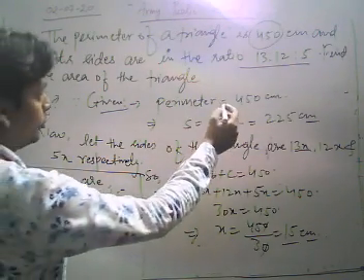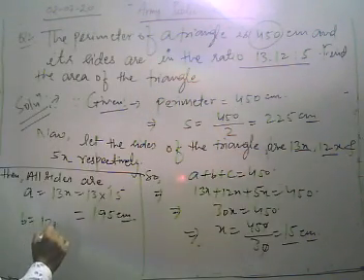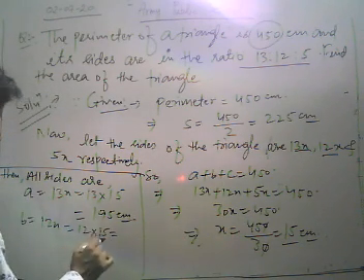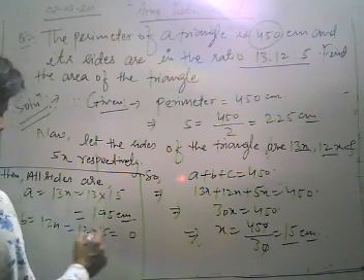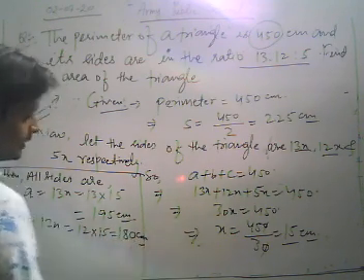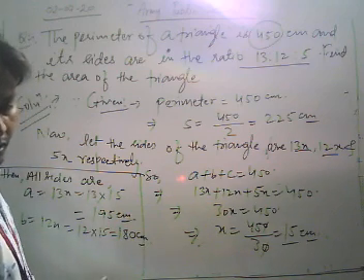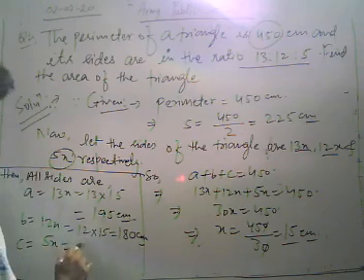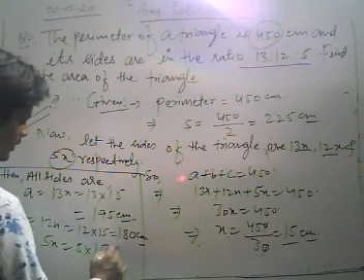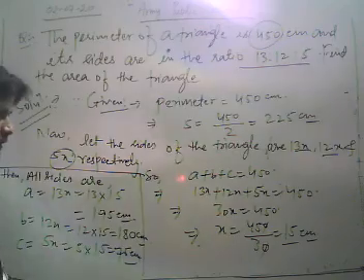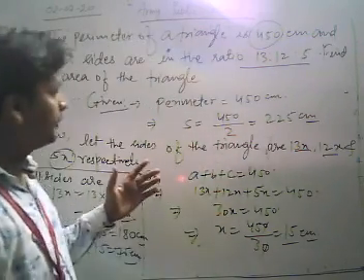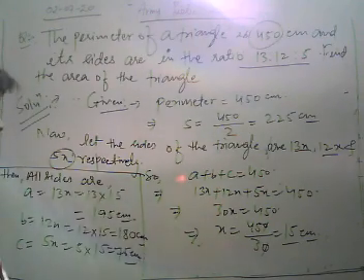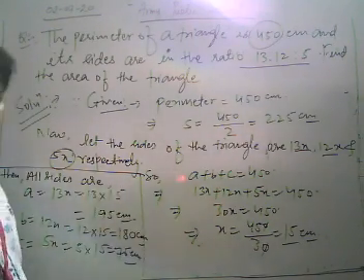Another side, b, is 12x, so 12 into 15 is 180 centimeters. Your third side c is 5x, so 5 into 15 is 75 centimeters. In this way we find all three sides of the triangle.